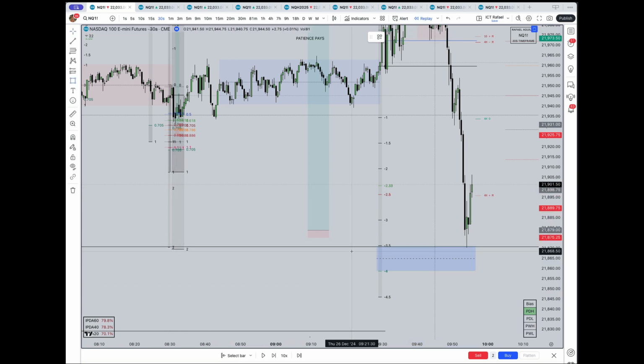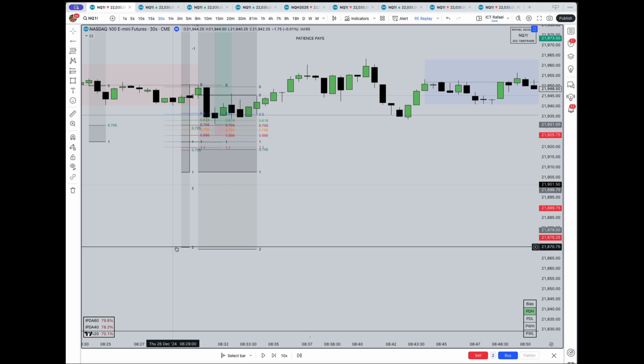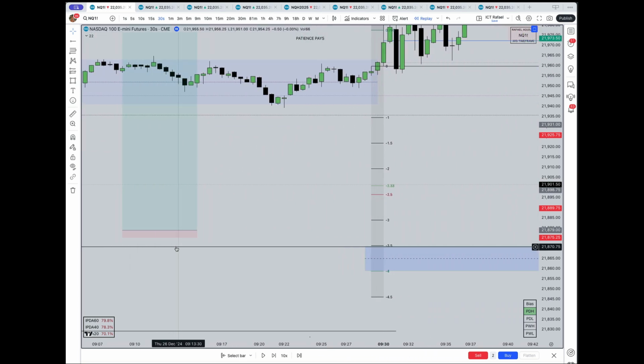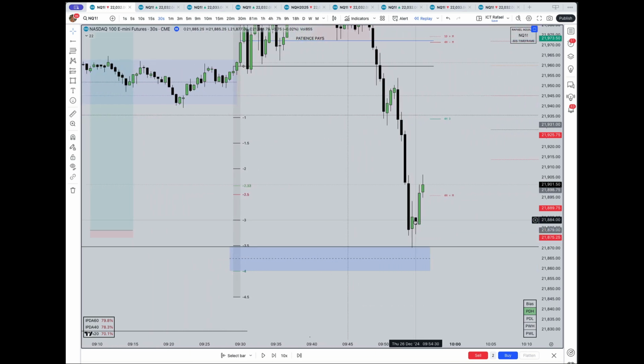Let me put some lines here. So yeah, almost there. I mean, the first one is right. The -2 here, the price is 21.8775. The low of the day, where is that? Low of the day, 21.87025.